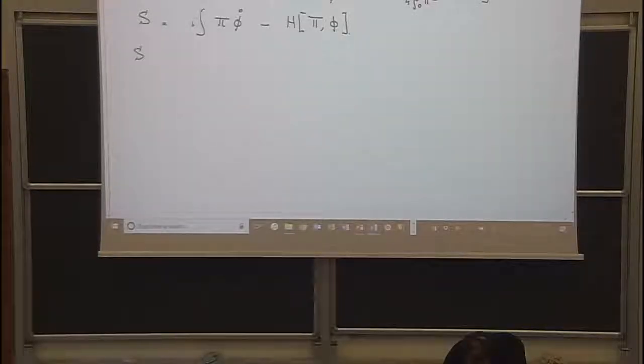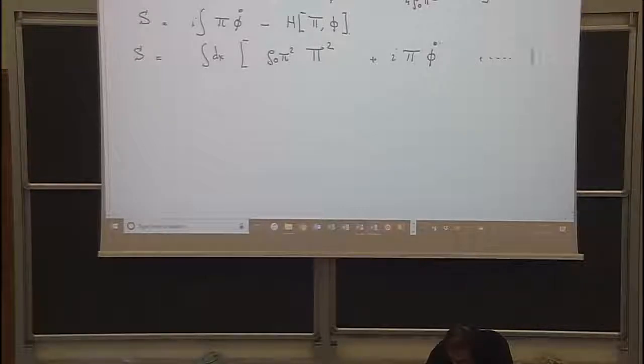So the action is, let's say, we have something which is sum over dx, okay, which doesn't matter. We have rho 0 pi square. We have pi square here. Then we get plus I pi phi dot. And plus blah, blah, blah, which doesn't matter at that stage.